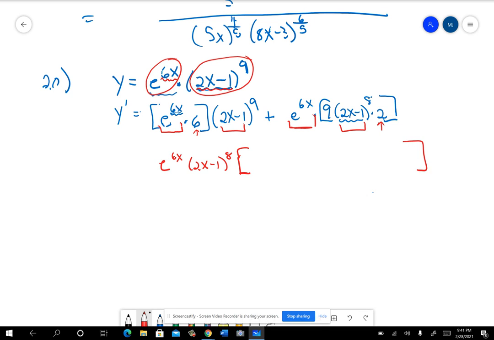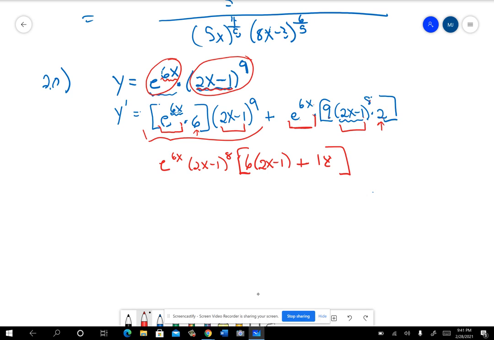Then we'll see what's left. So from this term, I would have a 6 left, together with one of the 2x minus 1s, because I only took out 8 of them. Then with this one, the e to the 6 came out, the 2x minus 1 to the 8th came out, so all that's left there is the 18. So that gets me to here.